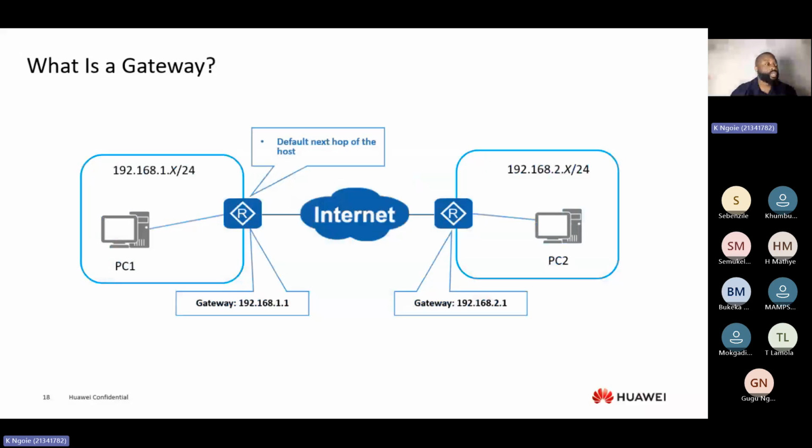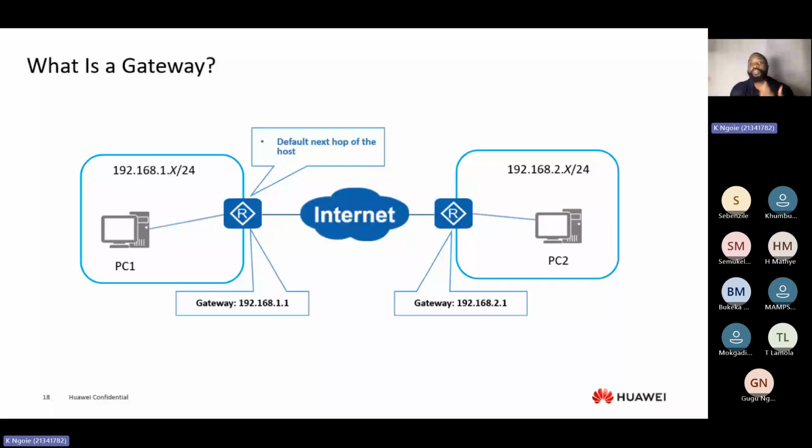All right. So when we're talking about these gateway routers, what is a gateway? When we talk about a gateway, the gateway is just a device, right? And sometimes it can just be software depending on what services you are using, because sometimes all the services you are using are through the cloud, right?